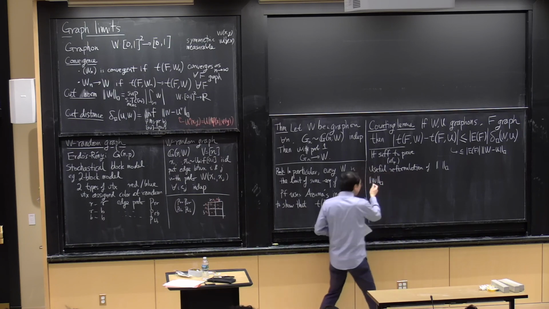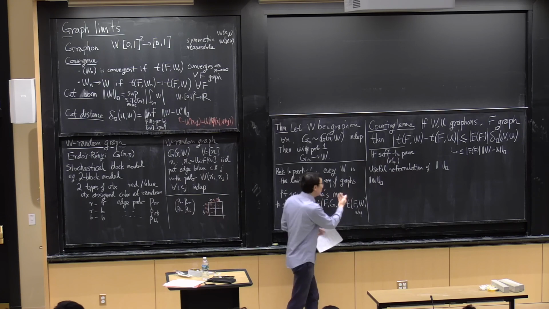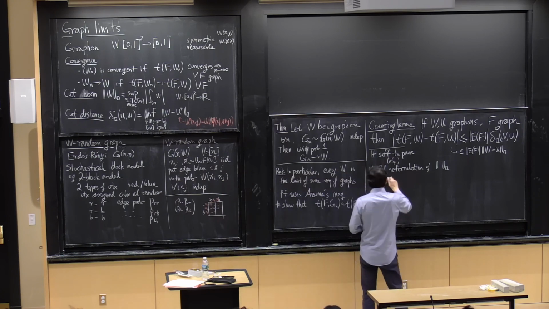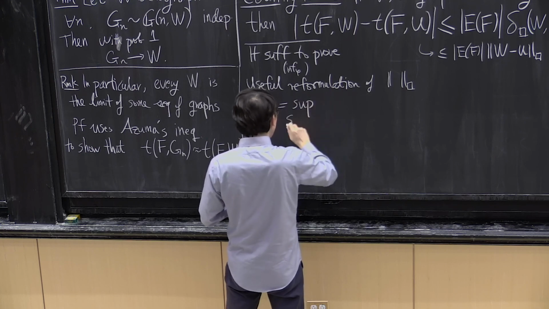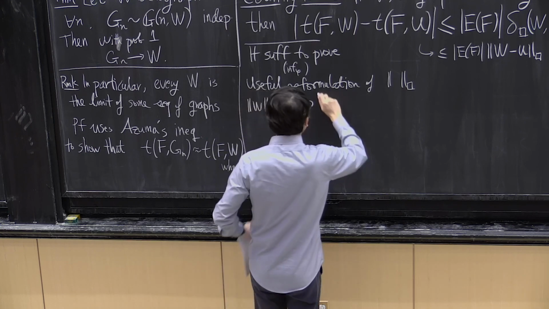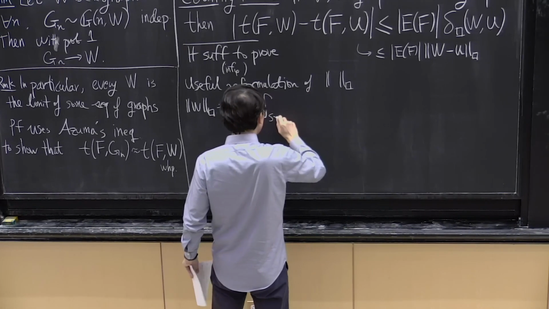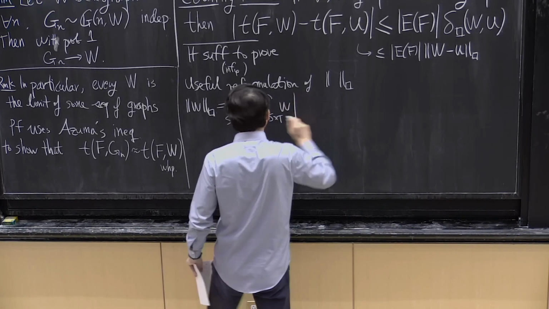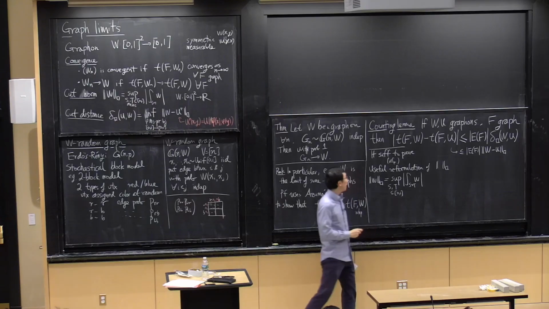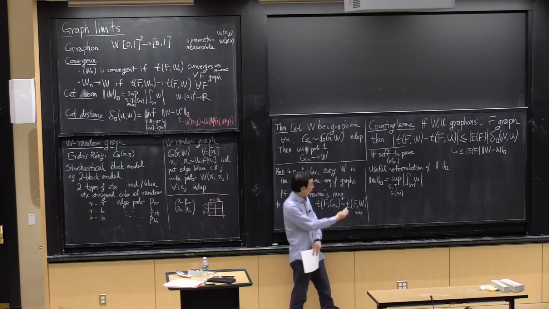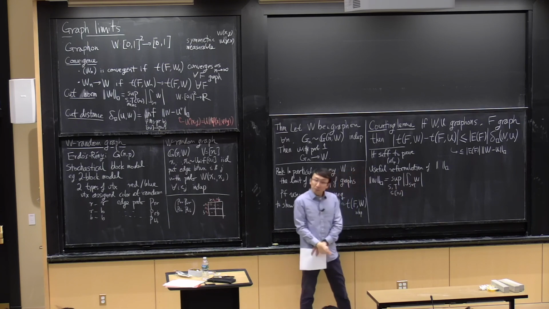Here W is taking real values, so not necessarily non-negative. So the cut norm we saw earlier is defined to be the supremum over all measurable subsets S and T of the 0-1 interval of this integral in absolute value.